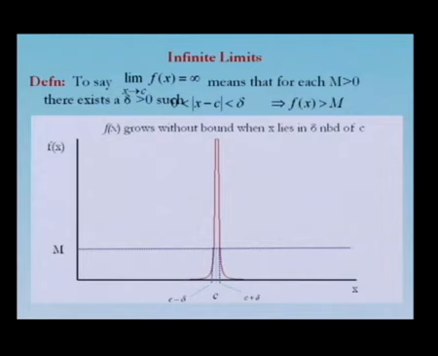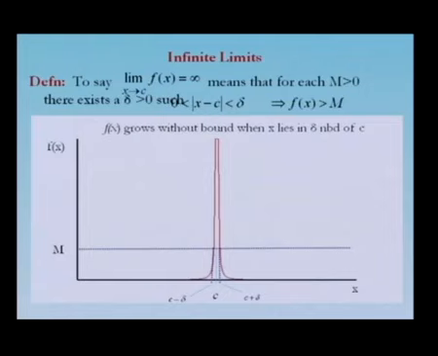Let us define them properly. To say limit x tends to c f(x) equals infinity, we mean that for each positive m there exists some delta greater than 0 such that if 0 < |x - c| < delta, then f(x) is greater than m.